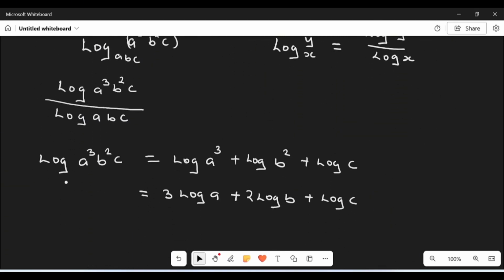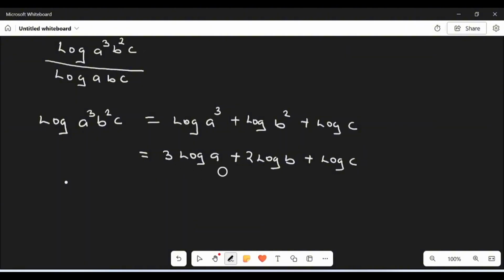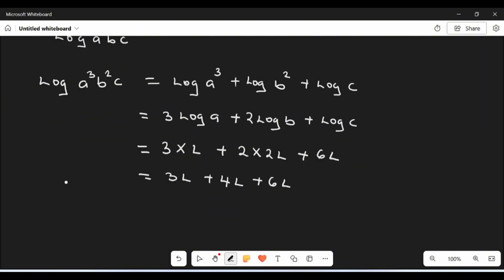So let us substitute: 3 multiplied by L plus 2 multiplied by 2L plus 6L. We are going to have 3L plus 4L plus 6L. If we add everything together, we have 13L. This is our numerator.